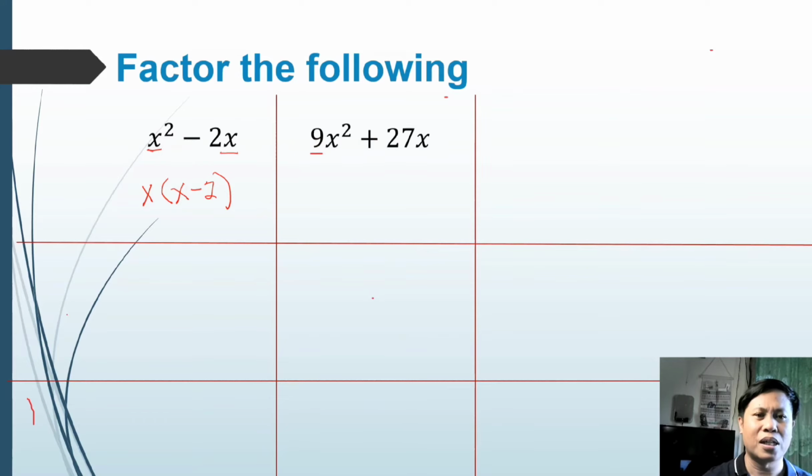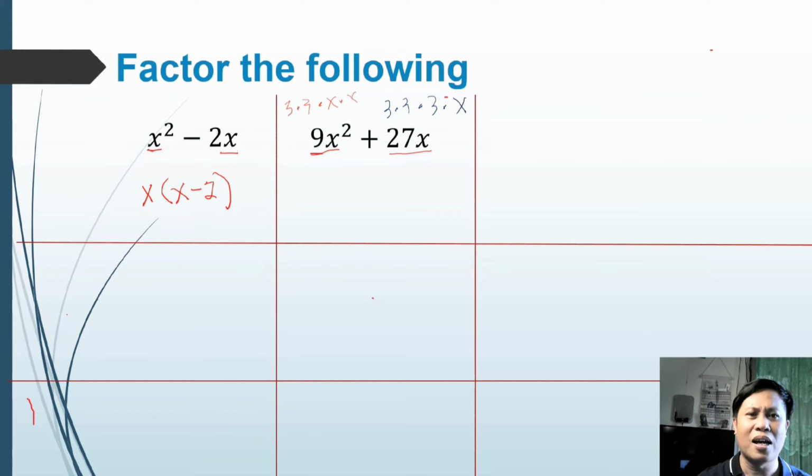Okay? So, halimbawa, 9x squared plus 27x. So, ano yung greatest common factors sa pagitan ng dalawa, ng 9x squared at saka 27x? Tingnan natin. Yung 9x squared can be factored as 3 times 3 times x times x. Samantala si 27x can be factored as 3 times 3 times 3 times x.